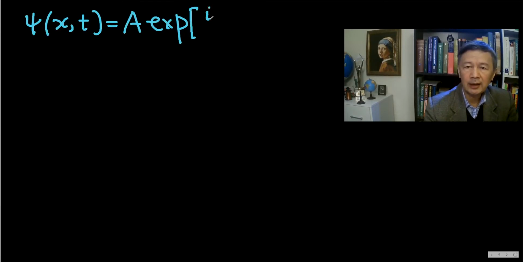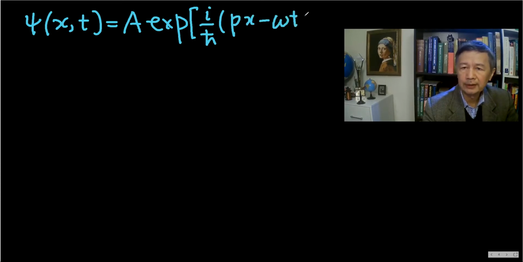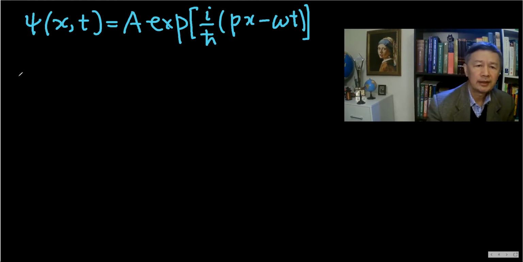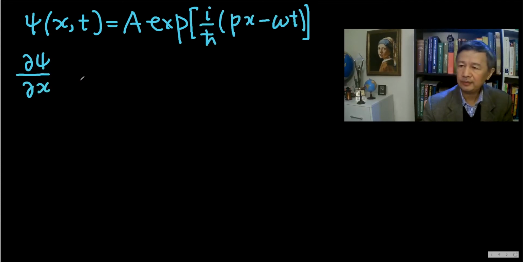I like this more because we can write the exponential function without using a superscript. Anyway, let's do the first partial derivative, this time with respect to the space variable x, the coordinate of the particle.